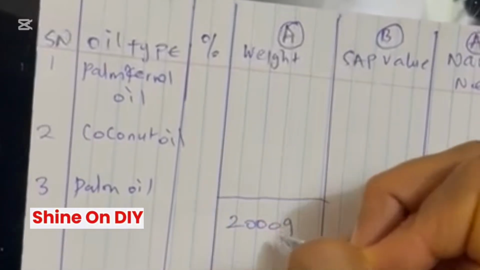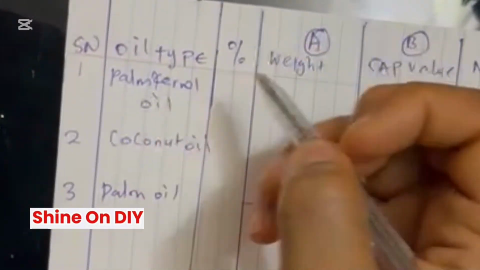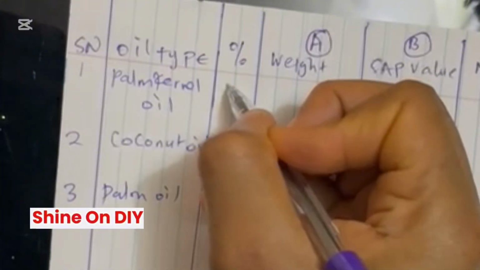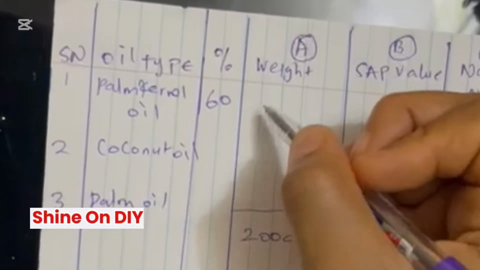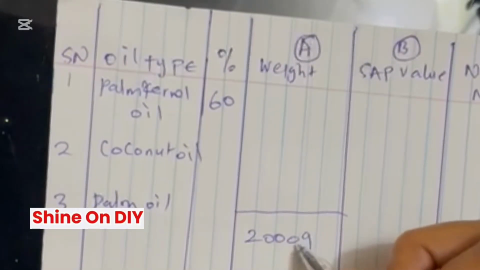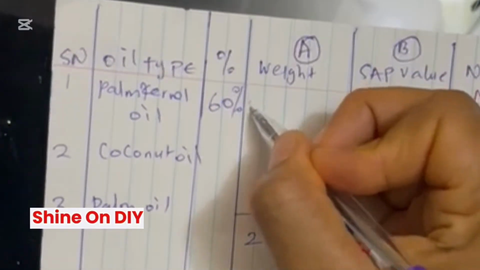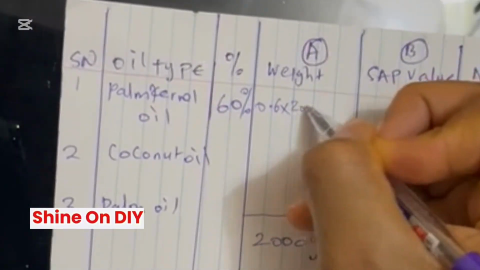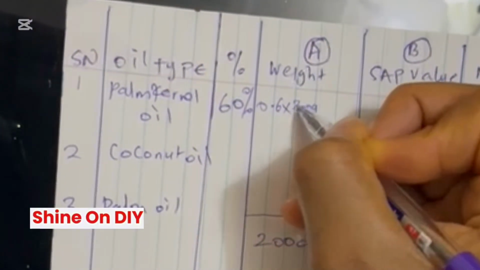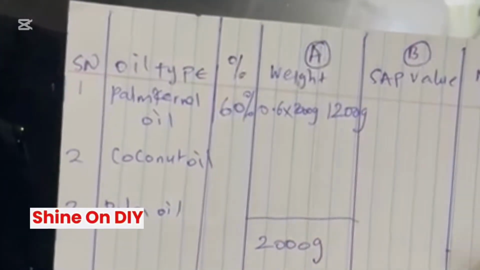So in this batch of 2,000 grams, I'm assuming that for palm kernel oil we need 60%. 60% of 2,000 grams gives us 0.6 times 2,000 grams, and it will be 1,200 grams.